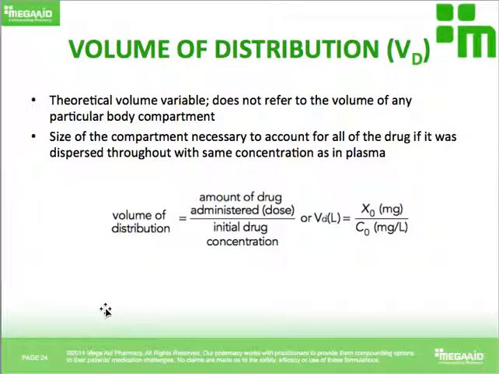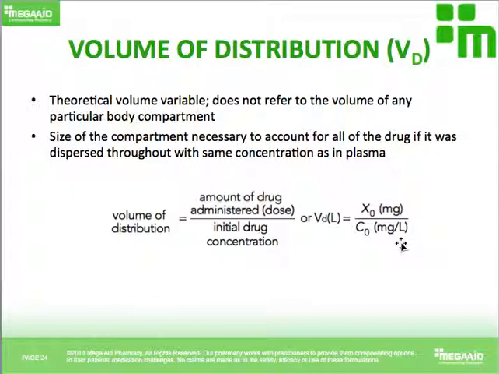One way that we can calculate the apparent volume of distribution in the body is by measuring the plasma concentration of the drug as soon as we administer it intravenously. That concentration is known as C naught. We calculate the volume of distribution by knowing the amount that was administered and then measuring the initial intravenous concentration.